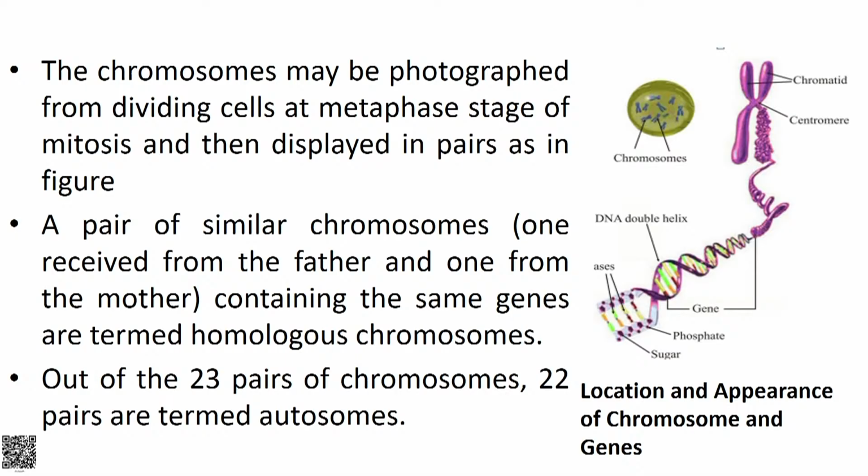A pair of similar chromosomes, one received from the father and one from the mother, containing the same genes, are termed homologous chromosomes. Out of the 23 pairs of chromosomes, 22 pairs are termed autosomes, and the 23rd pair, XX in females and XY in males, are called sex chromosomes.